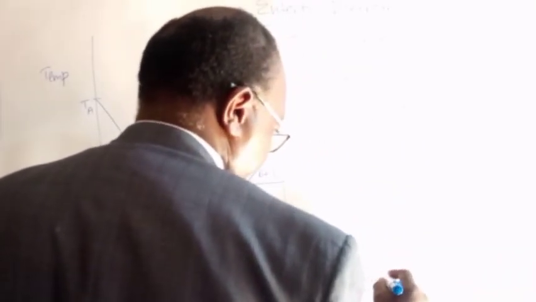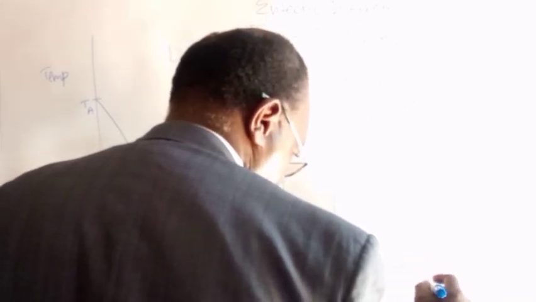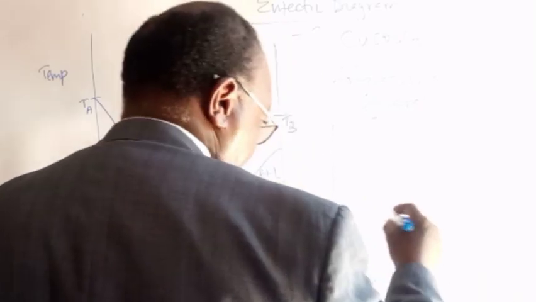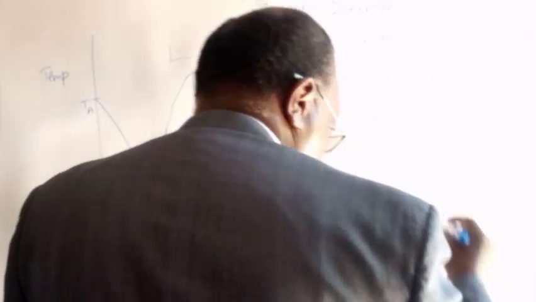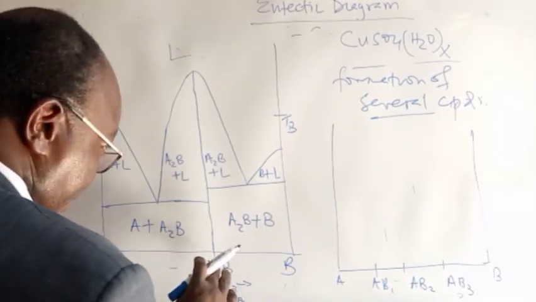Let's say that's AB1, then you have AB2, AB3, and with each of these compounds, we are going to have several eutectics, just like we have here.